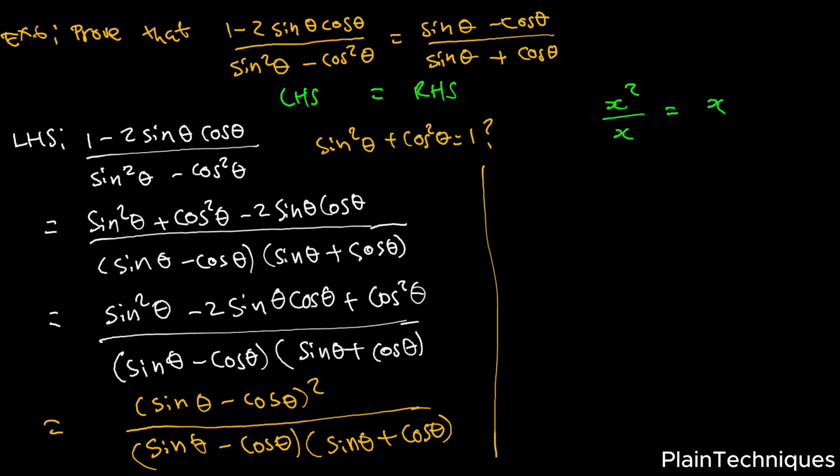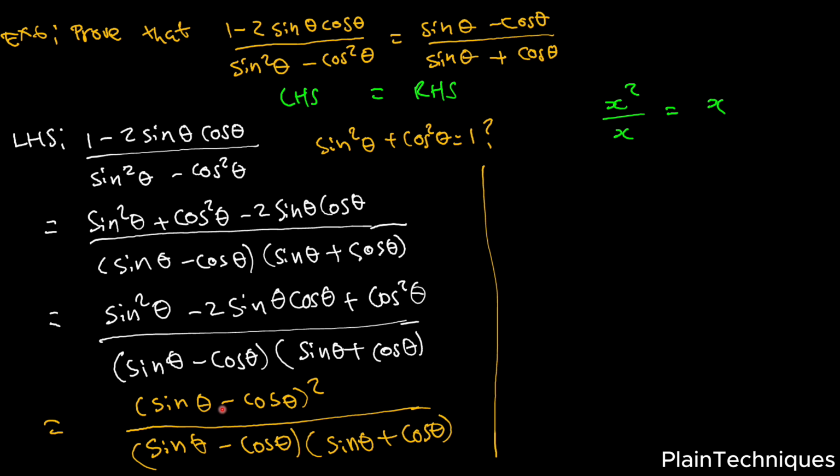Now, what do I have here? On this side I have sine theta minus cos theta squared divided by sine theta minus cos theta. So the contents inside the brackets are the same, right? So it's similar to what I have here.